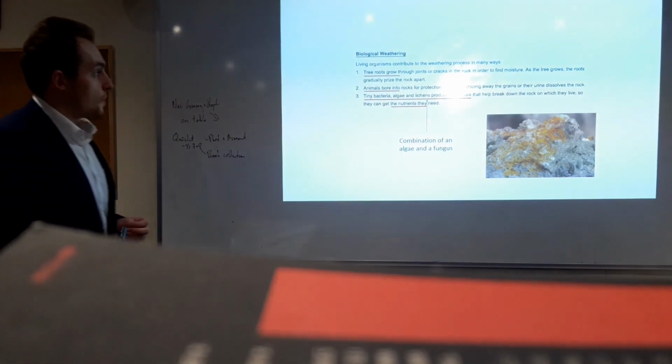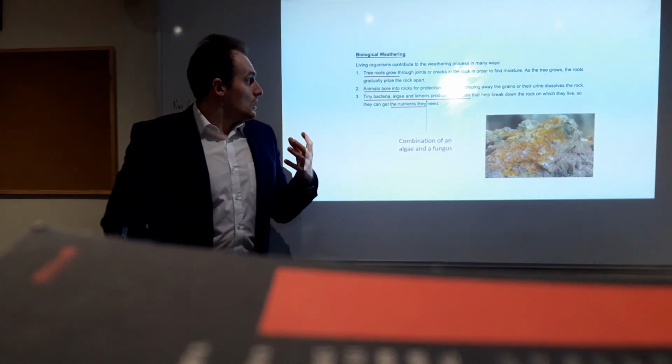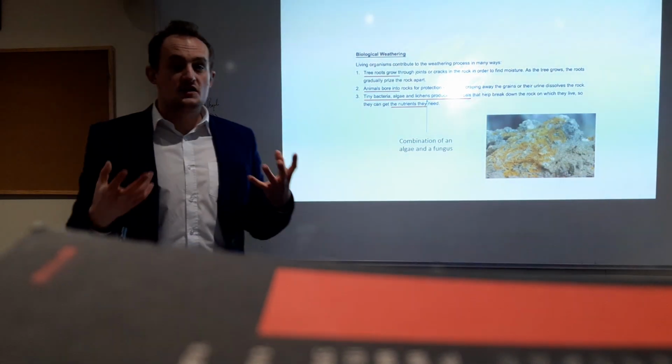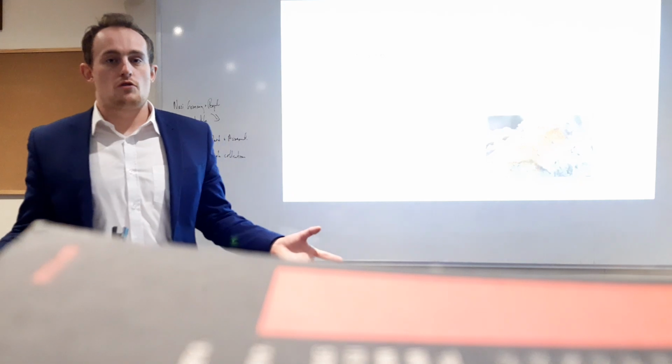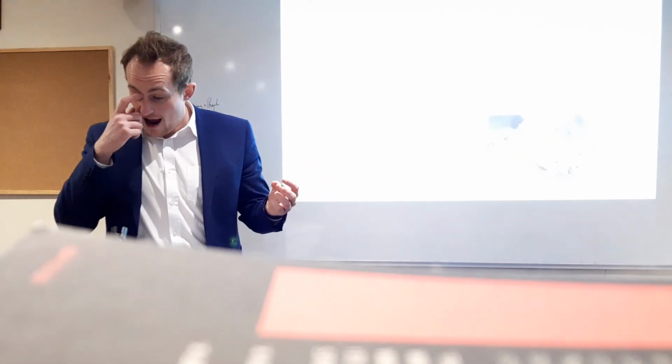And then fourthly, you've got biological weathering. You've got a couple of different ways that this can occur. Firstly, you could get tree roots growing through the rocks and cracking them apart. You could also have animals boring into the rocks or scraping away parts of the rocks.